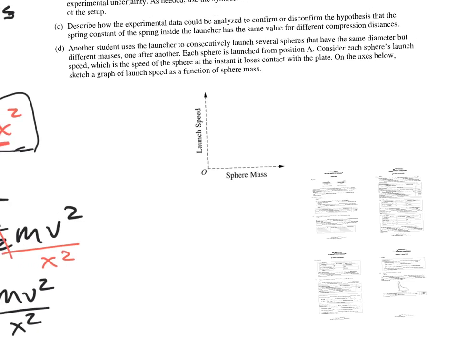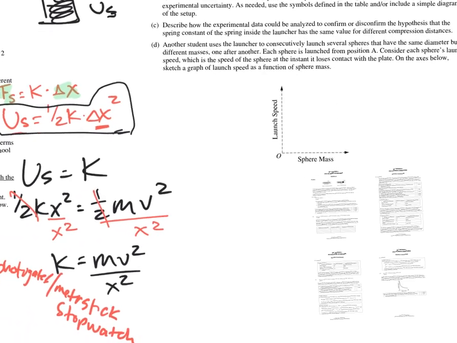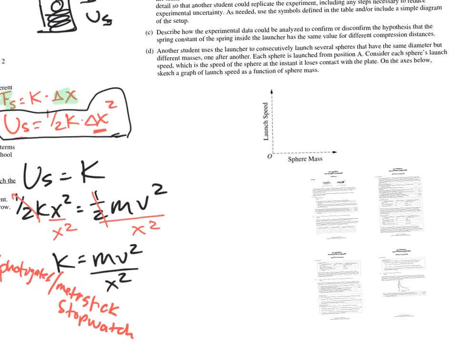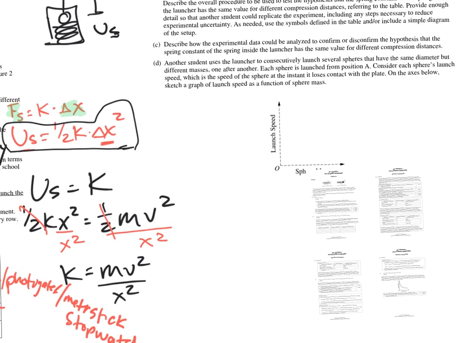Well, just using our formula over here, we can kind of get an indication of whether or not mass is going to have an influence. You have mass here and mass here and launch speed here.